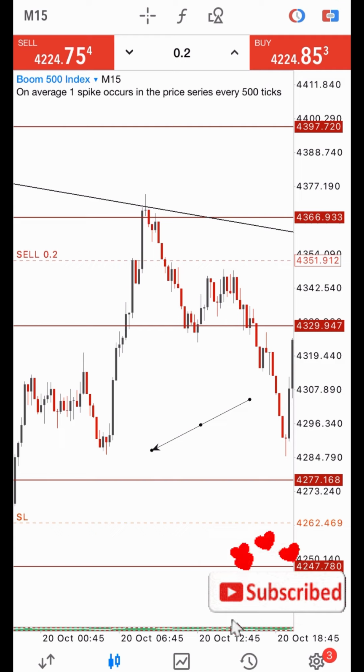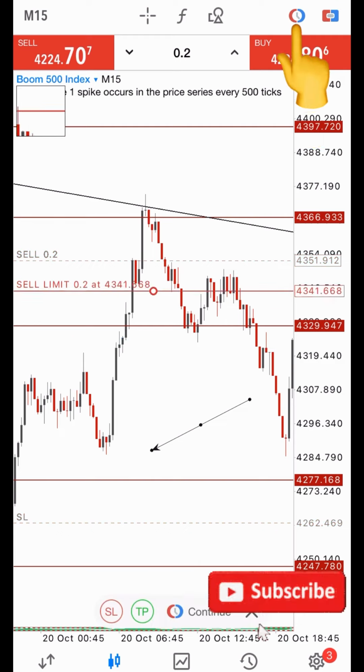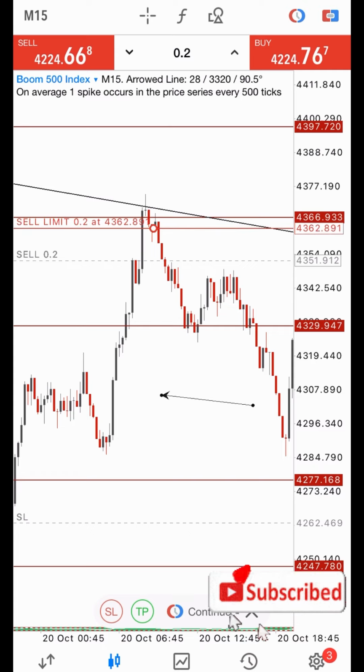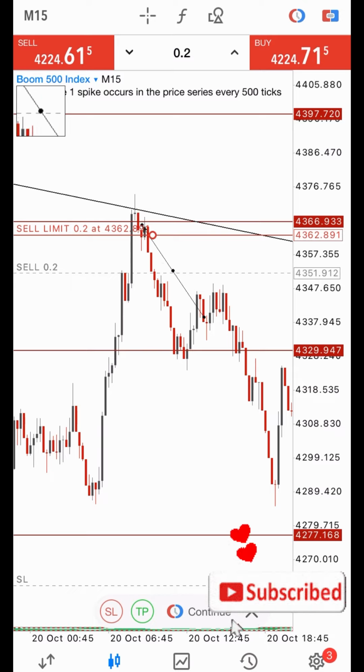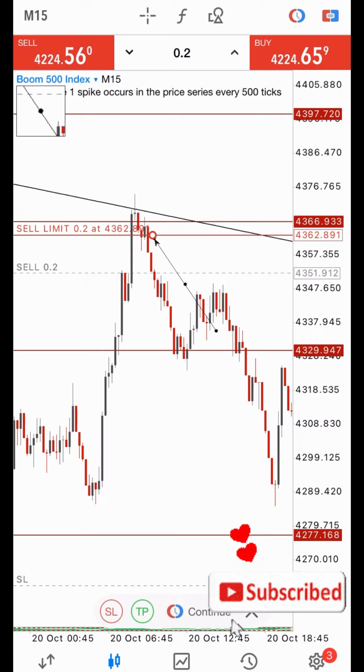For instance, if I click on this little icon, for iPhone users it's going to be easier for you guys. If I place this here right now, whenever price goes to the upside and hits this sell limit, it triggers and gets me into a sell automatically.